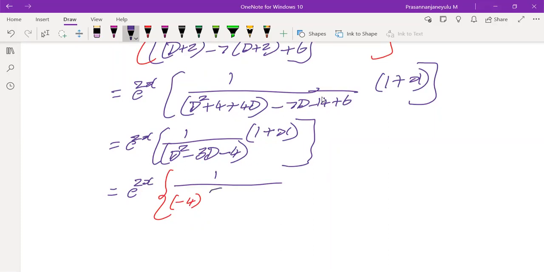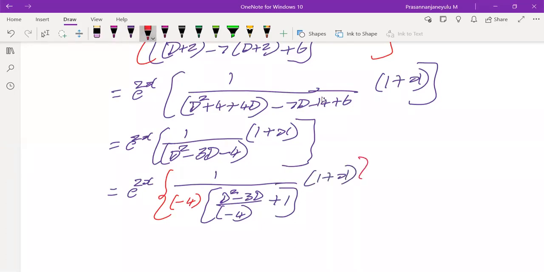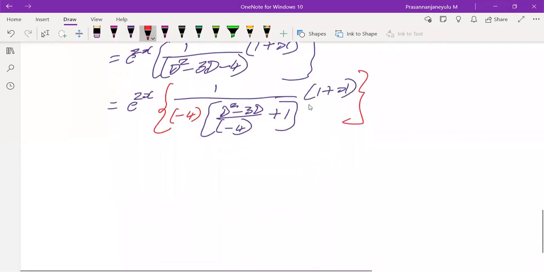So now d square minus 3d by minus 4. Minus 4 we have already taken common, so plus 1 will be there, plus 1 of 1 plus x. That implies minus 4 is brought outside totally, then it becomes minus e power 2x by 4.